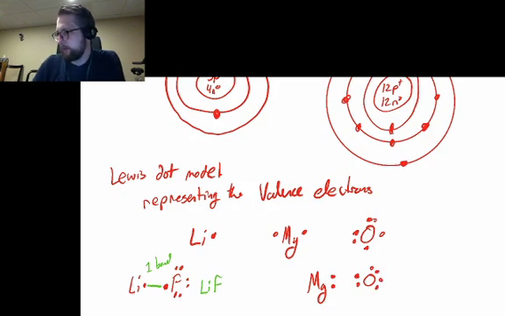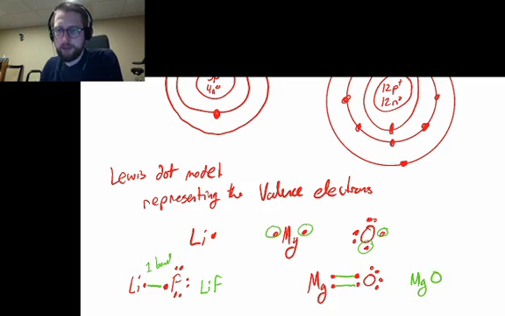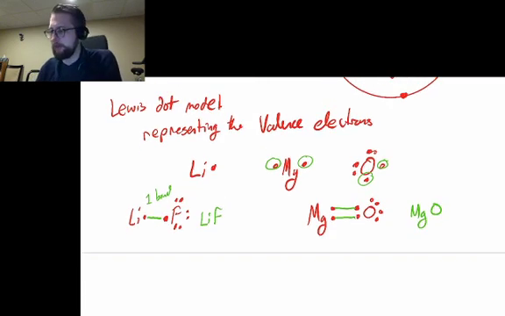So magnesium and oxygen can be bonded together. They both have 2 free electrons, 1 and 2 and 1 and 2. So that makes magnesium oxide, MgO. We later on did this by a different method, which was finding their oxidation states or their charge states, the ion states, and figured it out that way. But it was actually there the whole time. We didn't look at it too closely.